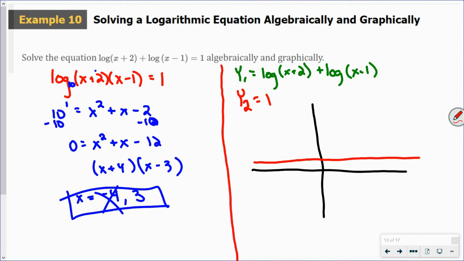And then your log, if I go to graph that, let me just graph it here. Log (x plus 2) plus log (x minus 1).